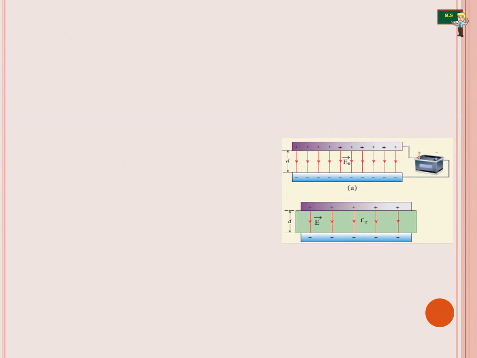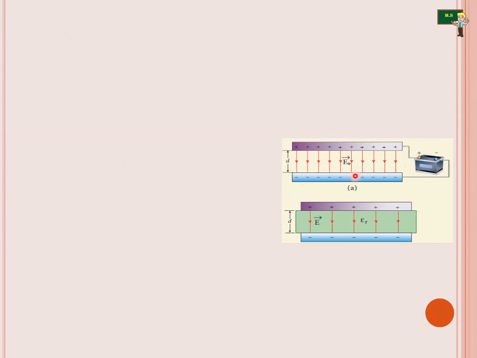Students, you can see here there are two parallel plates. They have been connected with the battery, and here E0 is the electric field inside the capacitor.